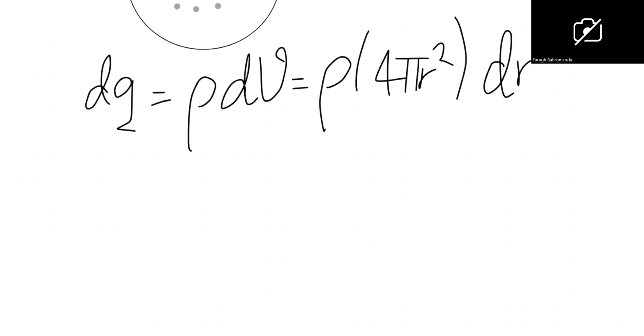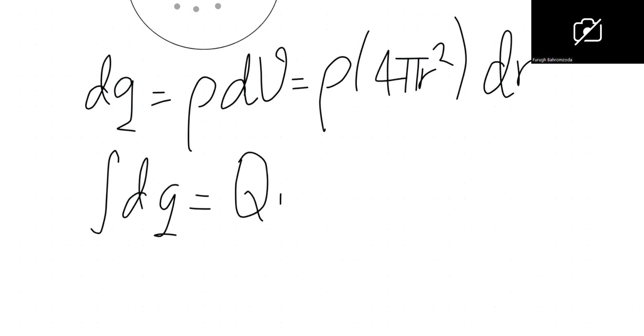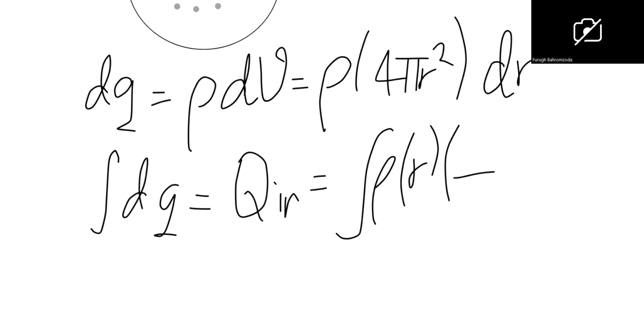And now we will move on with the integration. So the integration of dq equals Qn equals the integral of density of r multiplied by 4 pi r squared multiplied by dr. You have it in here.